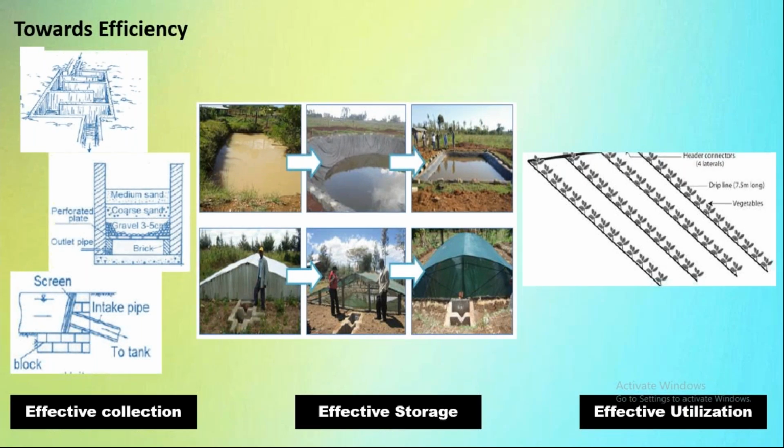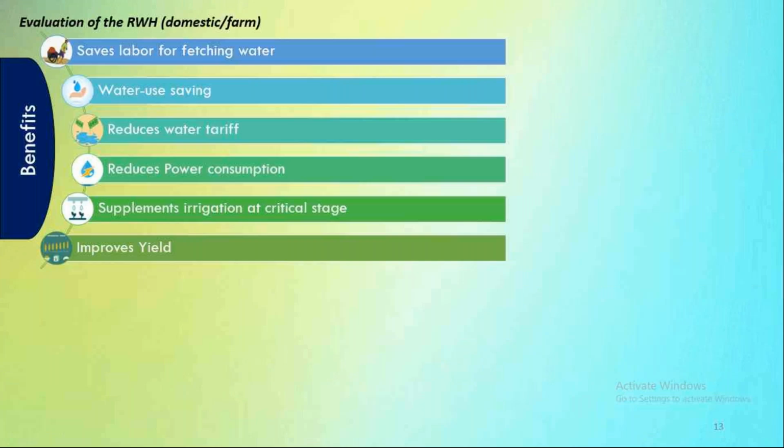We have to use technologies which use less water to irrigate the crop, like drip irrigation, pressurized irrigation, micro irrigation, or some locally available irrigation technologies to increase irrigation efficiency. That is effective utilization of our water.